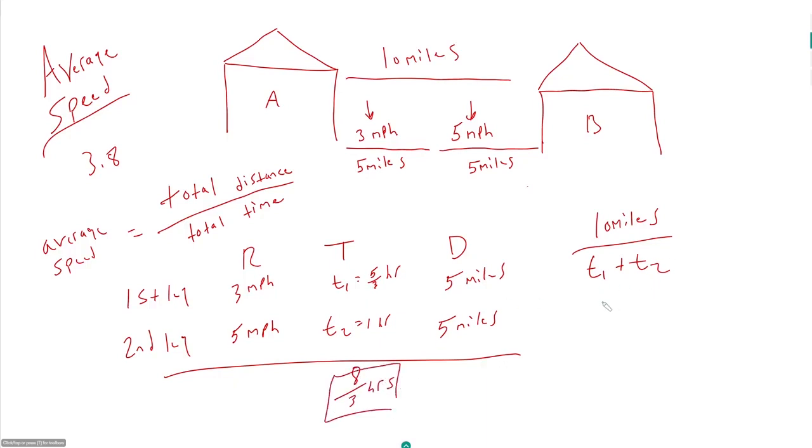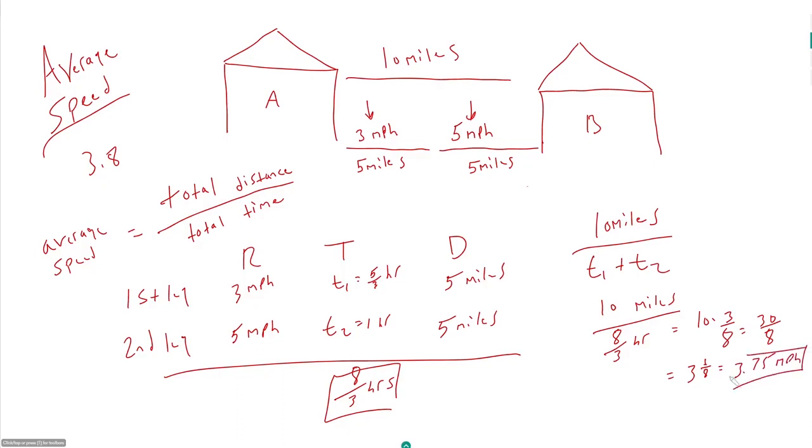So if we just plug that in here, his total distance over total time, he goes 10 miles in 8/3 of an hour, which is the same as 10 times 3 over 8, so that is just 30 over 8 miles per hour. And as a decimal, that is 3 6/8 miles per hour, which is 3 3/4 or 3.75 miles per hour.